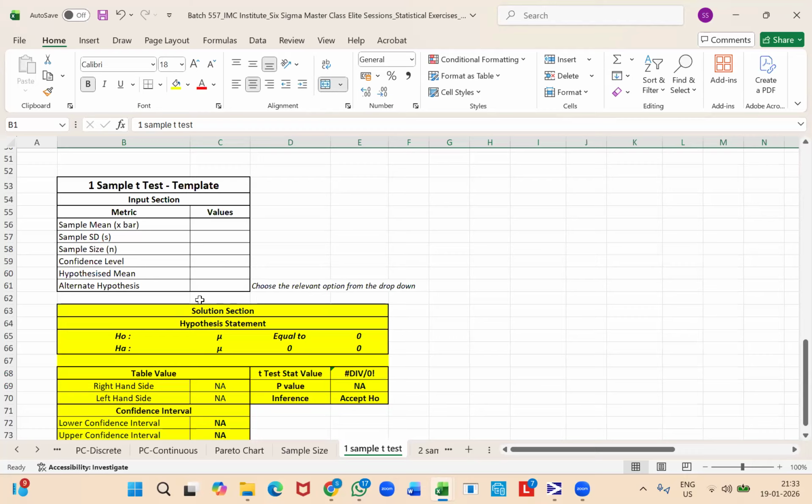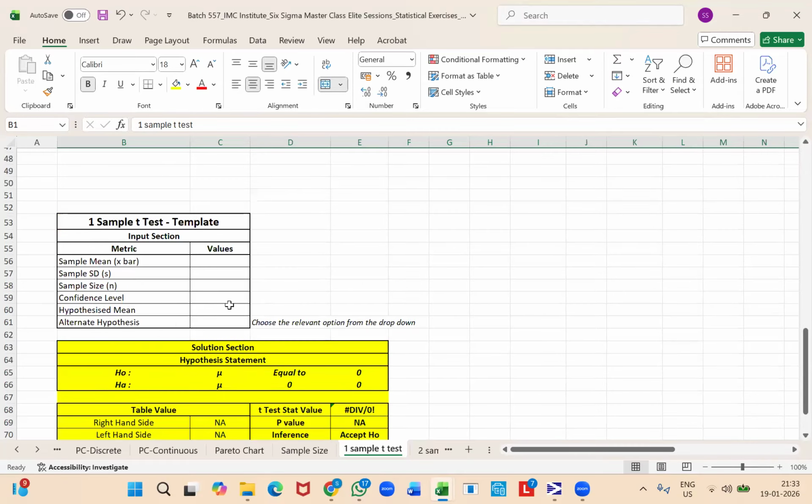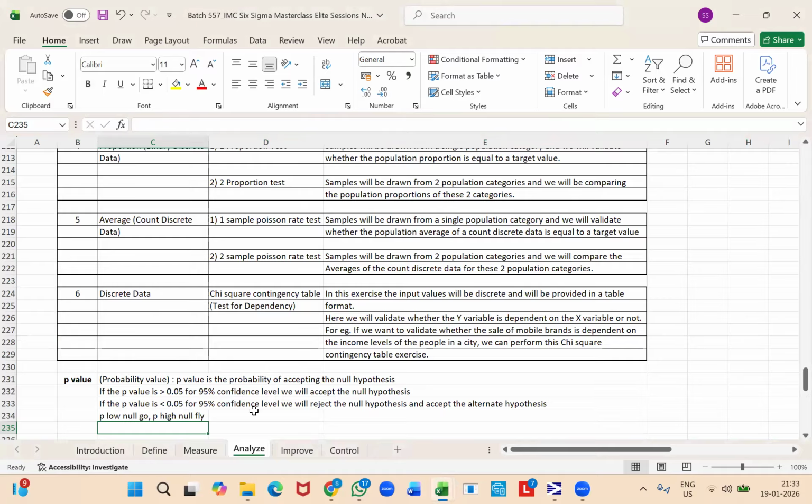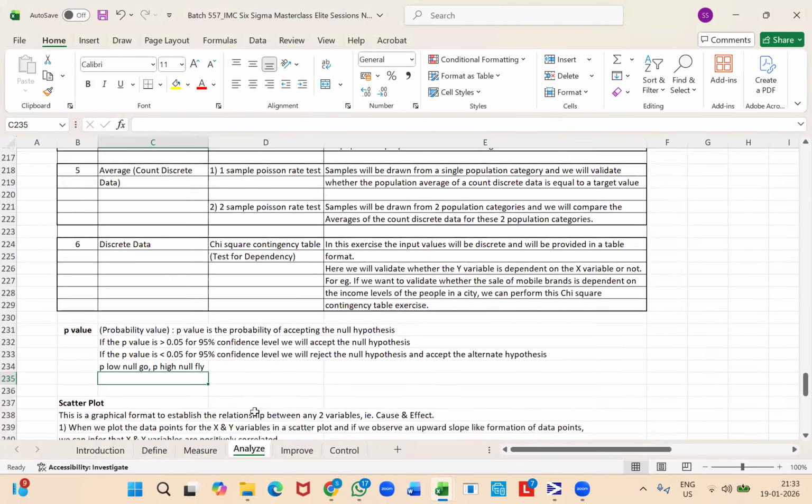Or at 99% confidence level you would be accepting the null hypothesis, while at 95% confidence level you'll be rejecting it. So it will automatically change based on the confidence level that you provide in this input section. When you use this template, you don't even need to remember the criteria logic that we are supposed to apply for this p-value and then take the final decision.